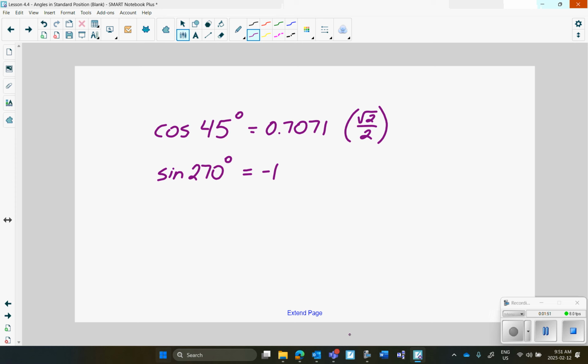Okay? We are going to focus on finding certain trig ratios of certain angles and express them exactly without using a calculator. And common angles include like 30 degrees, 45 degrees, 60 degrees, 90 degrees. And we're also going to start to go past angles that are 90 degrees.